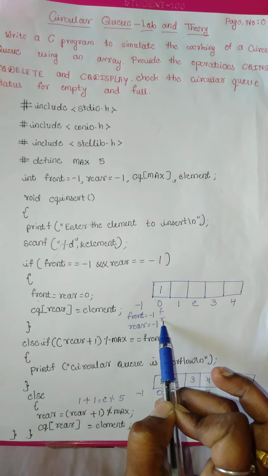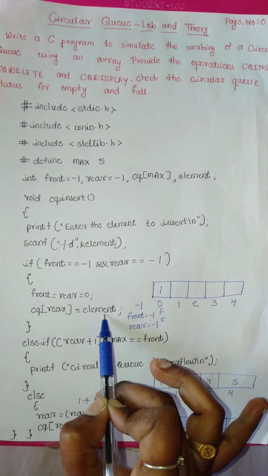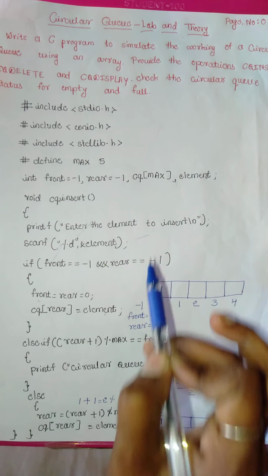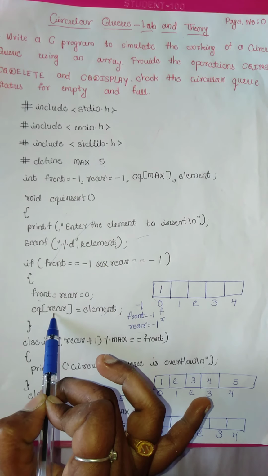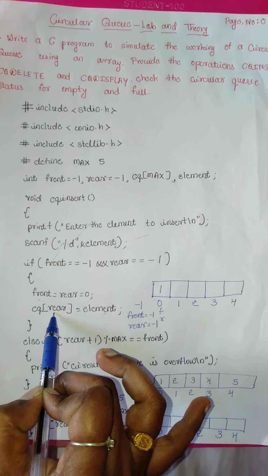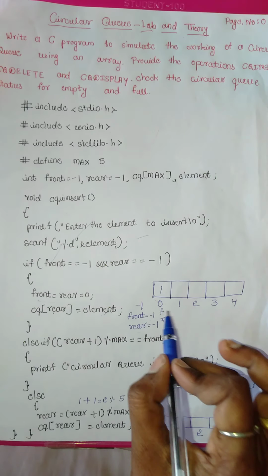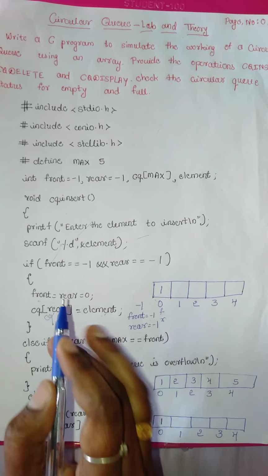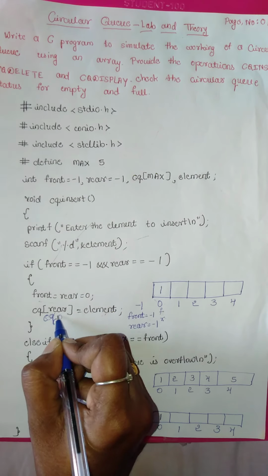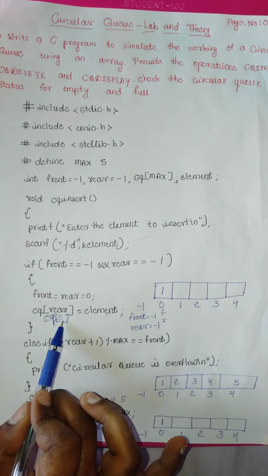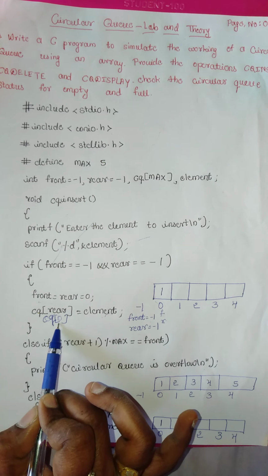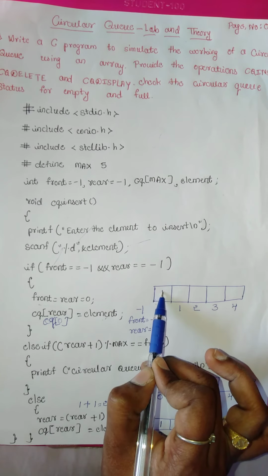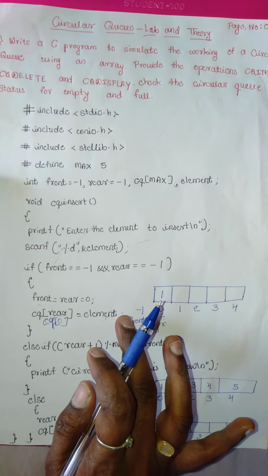Once we reset, we insert whatever element you are entering at the rear end, the rear value being 0. So CQ of 0, the 0th position, we insert an element, say 1. This is the second condition.